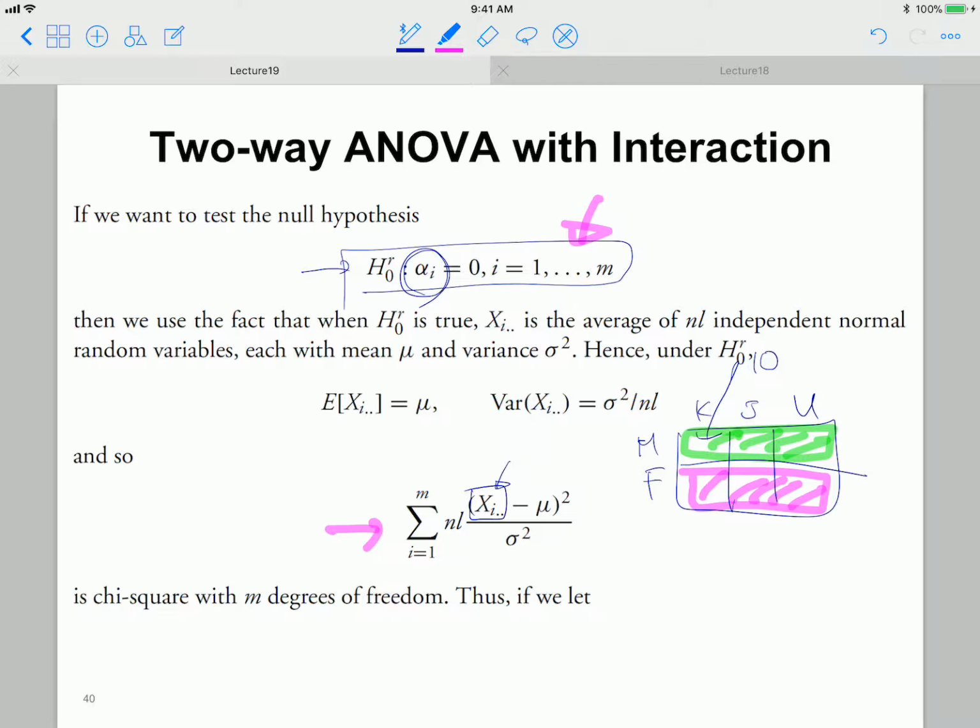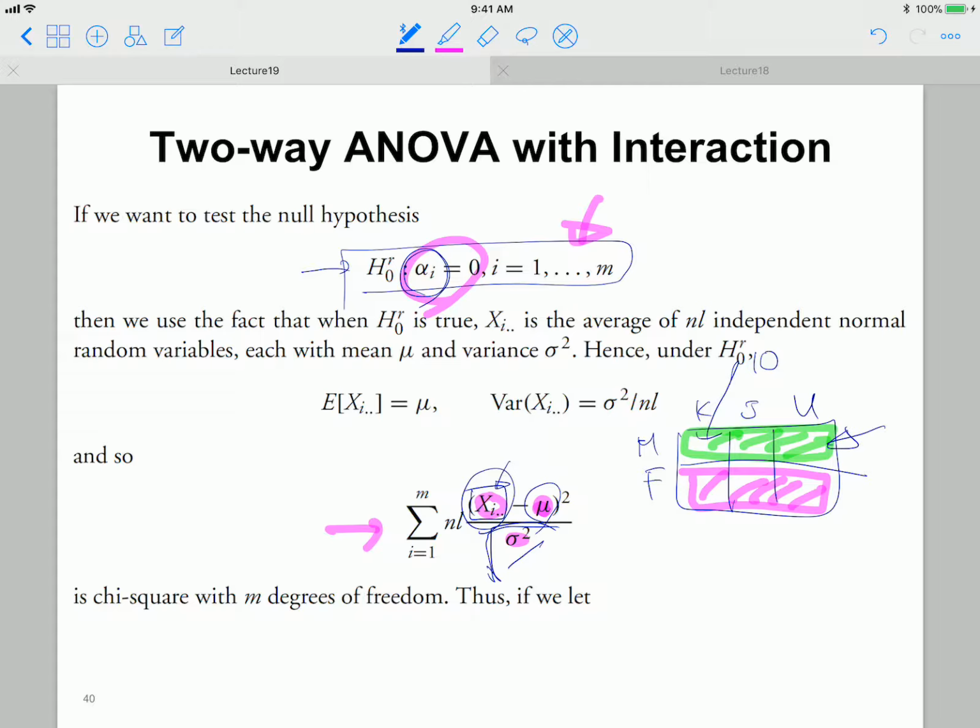The sample mean, or the row-wise sample mean, minus mu when the null hypothesis is true, because their true mean will be mu, and then sigma squared. It is a sample mean, so it is standardized by dividing by the square root of sigma squared divided by what?